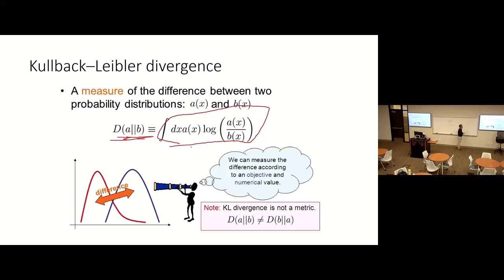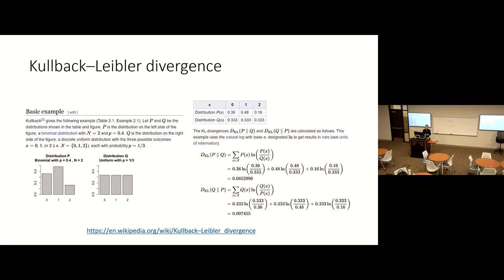That's also a measurement of distribution difference. Let's use a small example, changing this continuous variable into a histogram, to illustrate how this KL divergence is calculated.